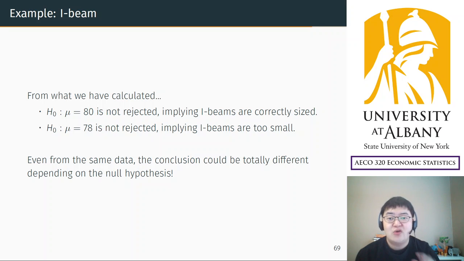So you have to put yourself in the handicapped position. The existing belief should be put as the null hypothesis, and it will be favored, and put your argument as the alternative hypothesis. That's a very interesting property of hypothesis testing, and somehow a weird and kind of unfair analysis.